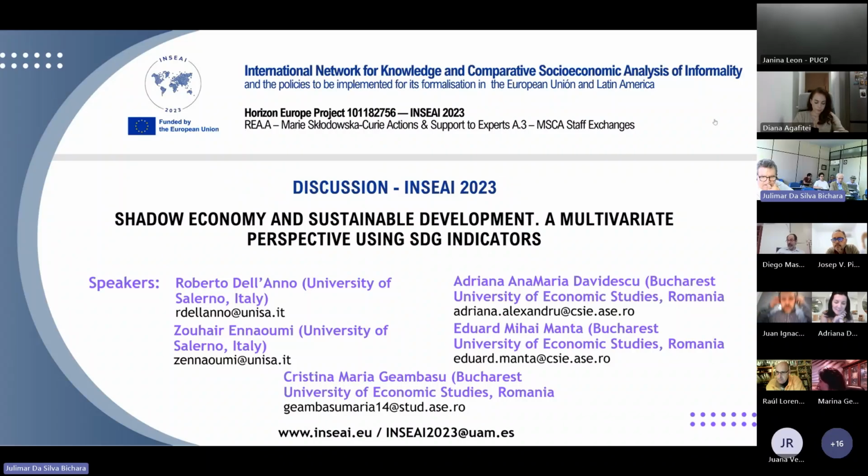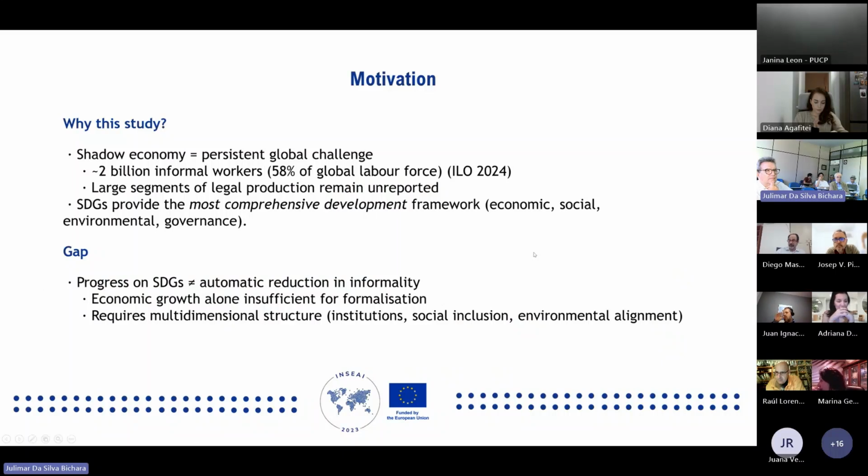So let me start with the presentation. The motivation for this study was the fact that shadow economy is a persistent global challenge. Worldwide, there are about 2 billion people that are informal. And the SDGs, the Sustainable Development Goals, provide one of the most comprehensive development frameworks that include pillars such as economic, social, environmental, governance, basically everything you can think of.